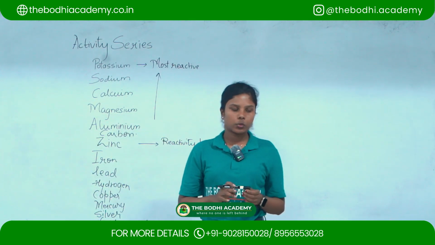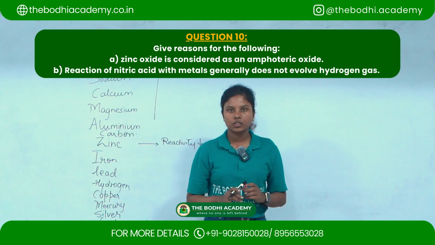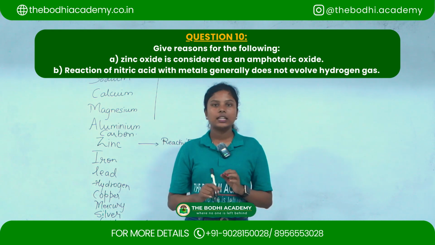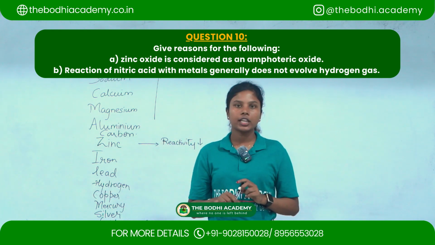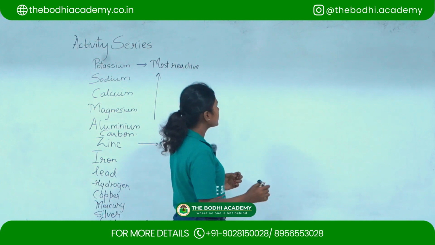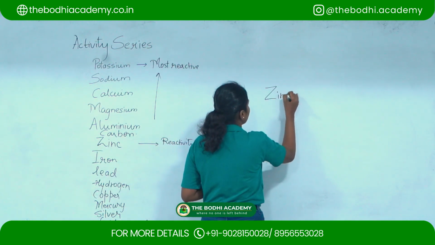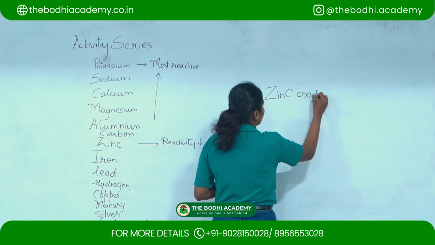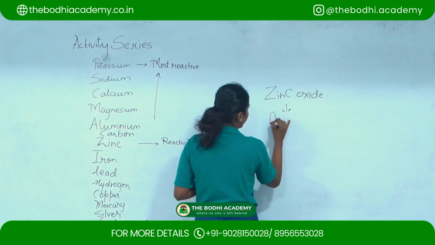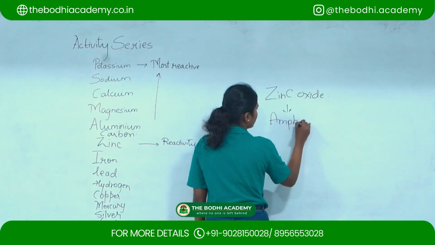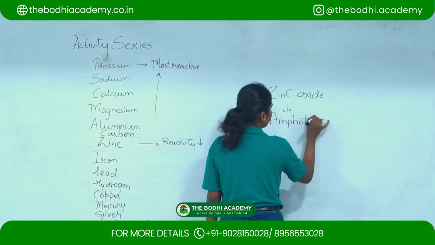Moving to the last question, we have give reasons for the following. Zinc oxide is considered to be an amphoteric oxide. We have to give the reason why zinc oxide is amphoteric. If we say it is amphoteric, what does it mean?